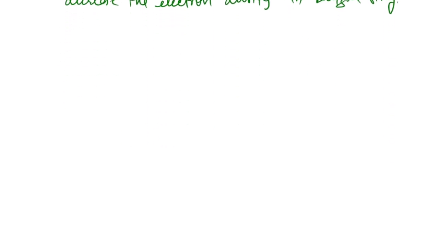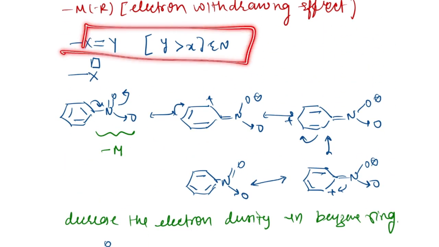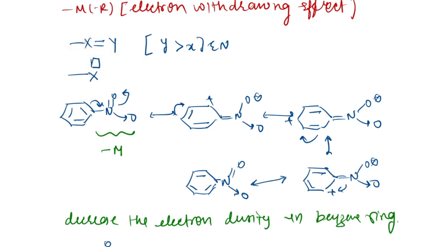Now, what are the other types of compounds which will show minus M effect? NO2, aldehyde, acid. When it has X double bond Y and a tendency to get the electron from an electron rich species like benzene or alkene. So when Y has more electronegativity as compared to X, it will show like this.